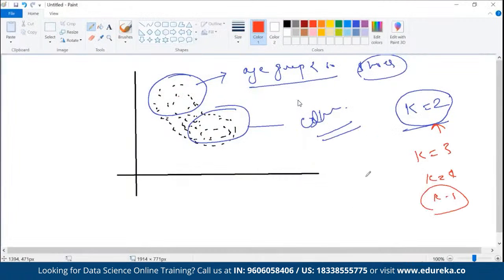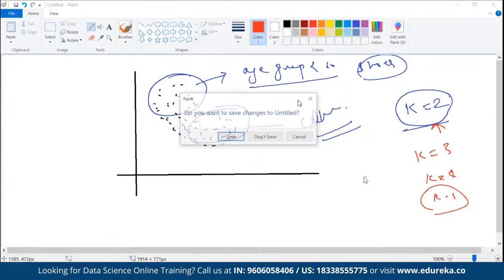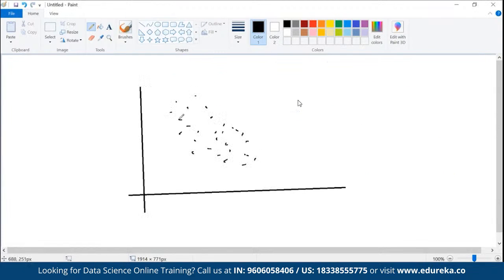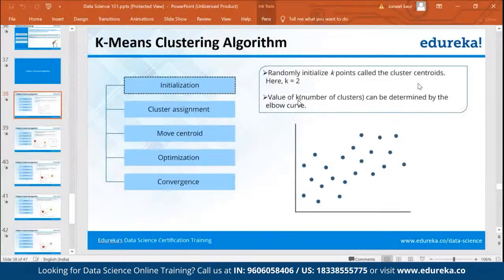Okay, so now let me quickly do this. I am saying this is the center, and this is the center. You need to initialize two random points. Then you will be initializing the cluster centroids.